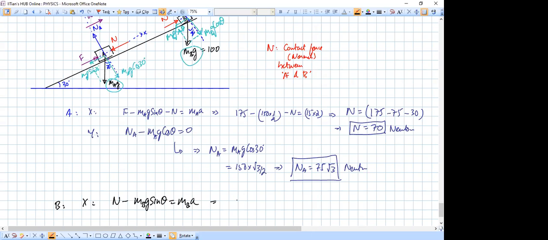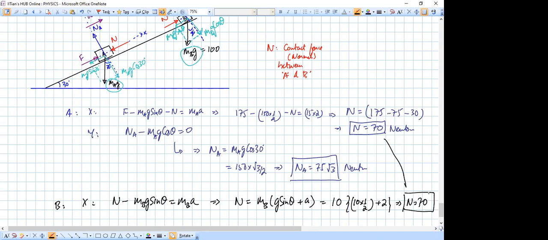So you can also find N by this method. So 10 kg into 10 into half plus 2. So that's again verifying that N is equal to 70. So this was not required because we'd already found this.